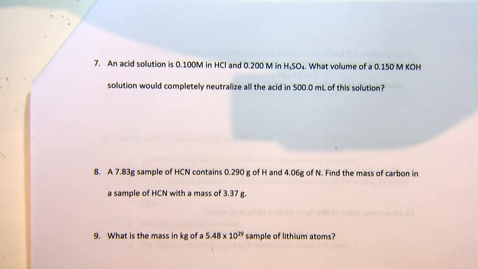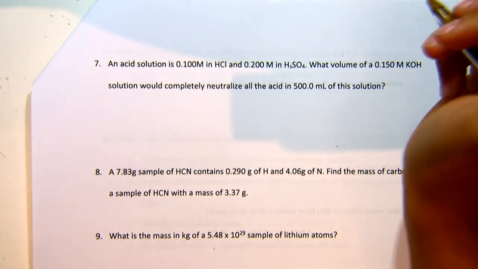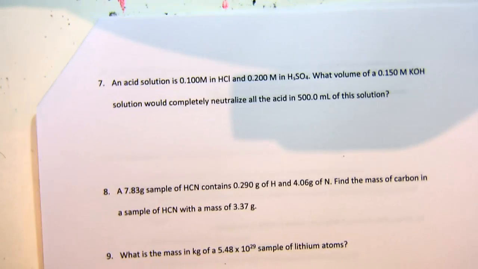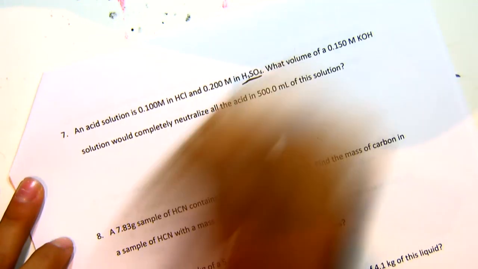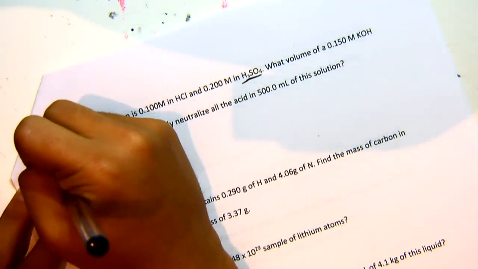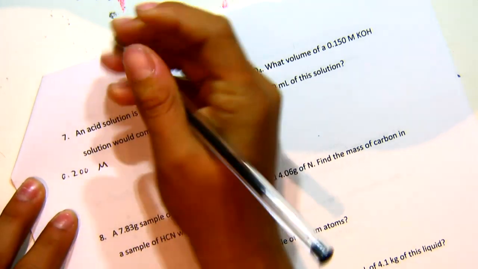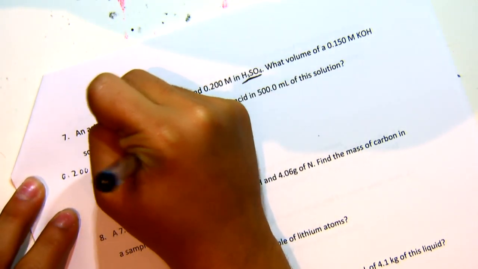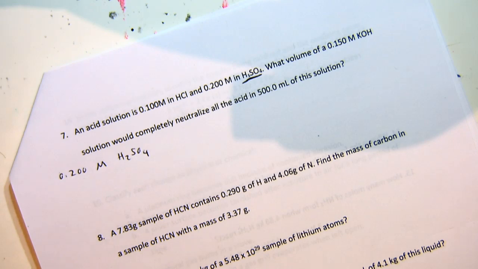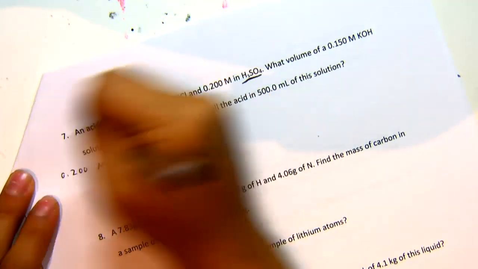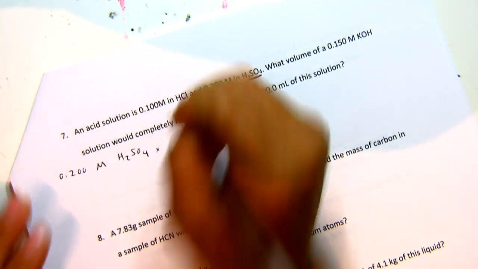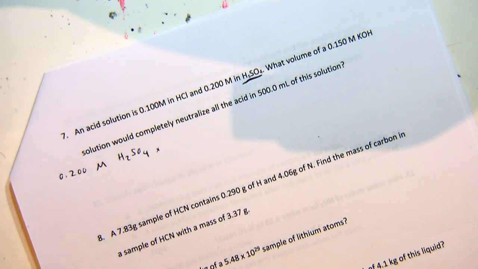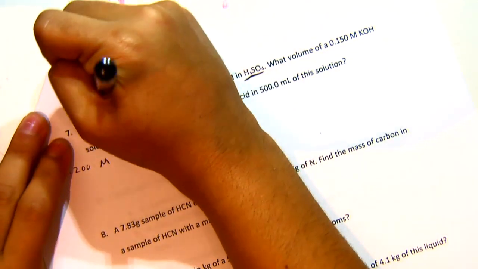In this case, the acid that we could start with is the sulfuric acid. So we'll think 0.200 molar of H2SO4 is going to contain... when you think of a molar conversion, what's the equation for molarity?